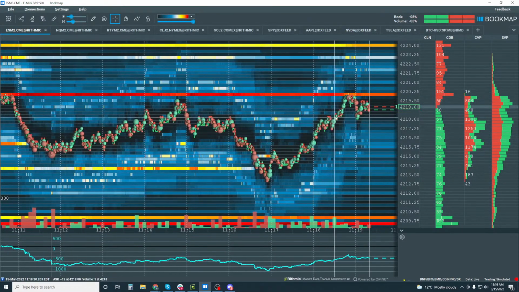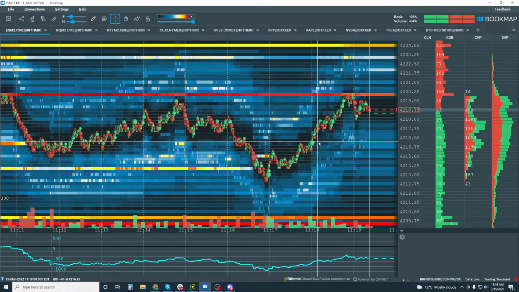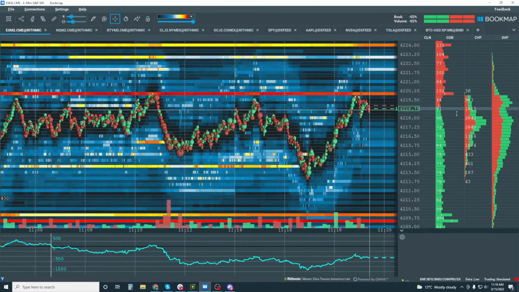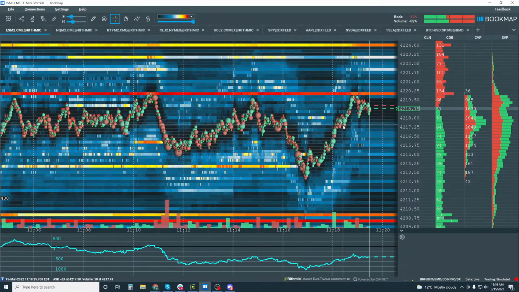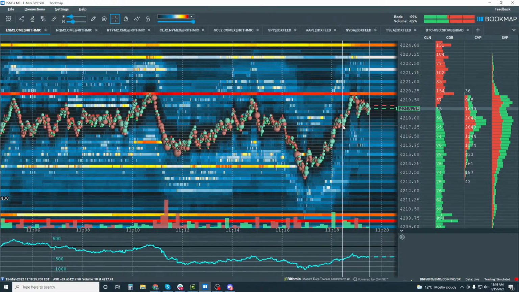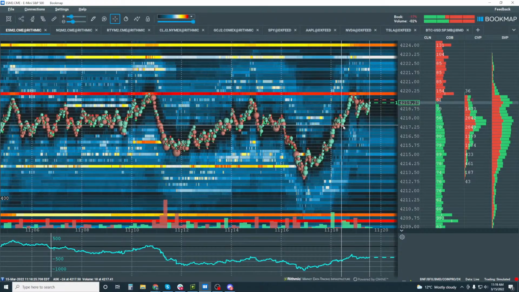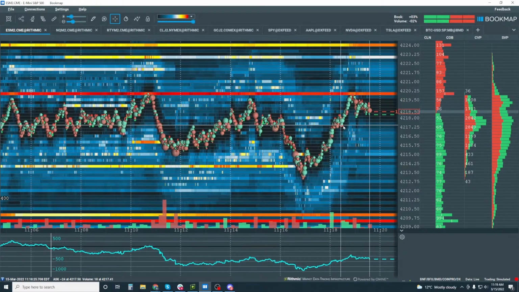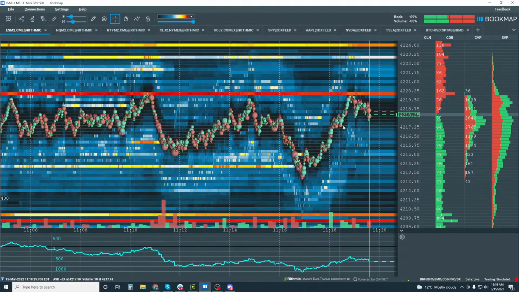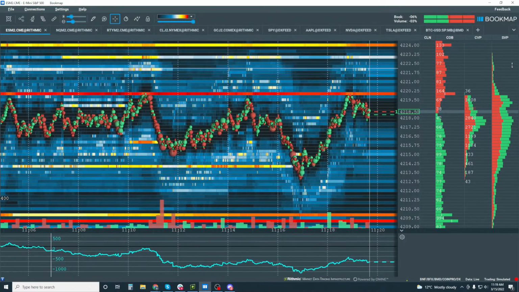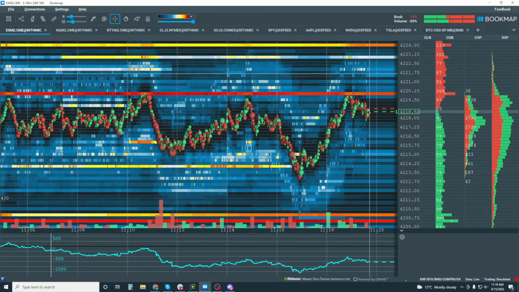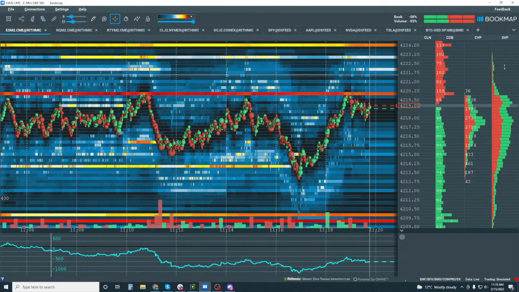But there's a lot of buy volume coming in, and that means it can explore the end of this profile here, and start to transact and build value up in that area and fill it in.